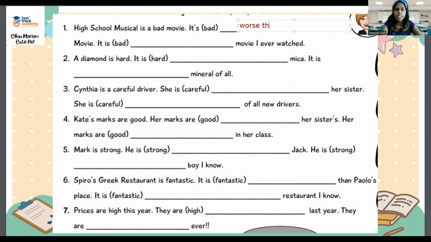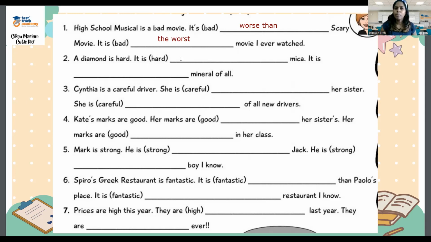So it's worse than Scary Movie. You don't say more worse. You say worse than Scary Movie. What is the superlative for bad? It is the worst. It is the worst movie I ever watched.